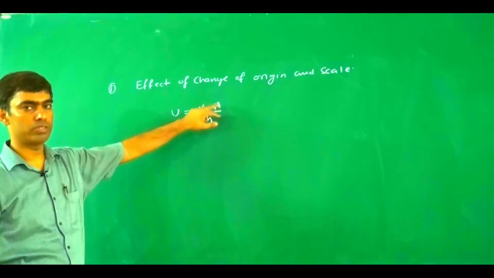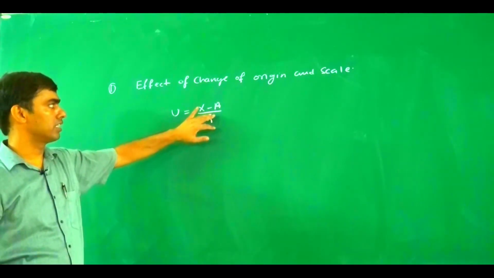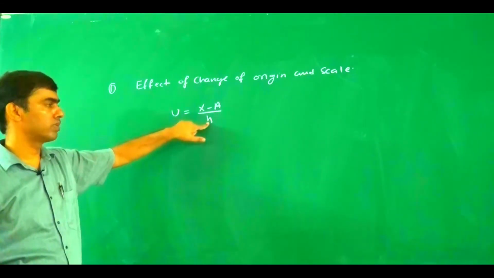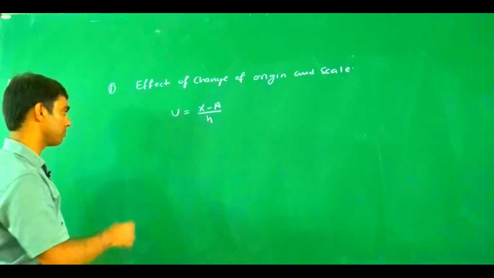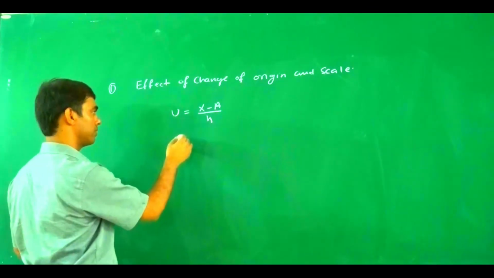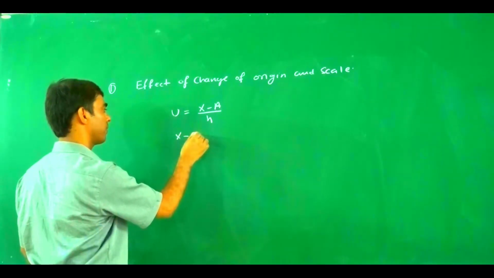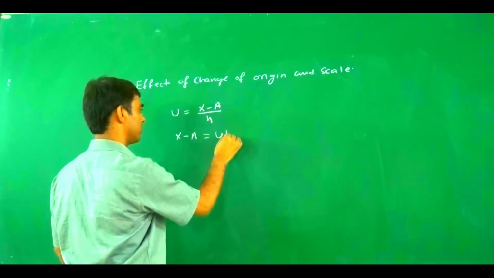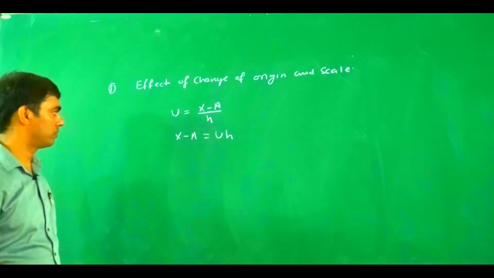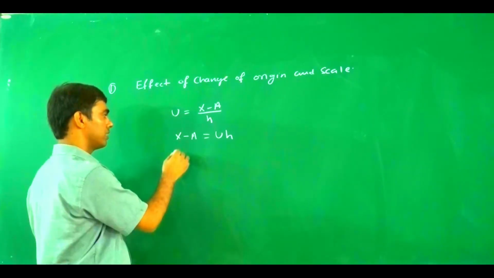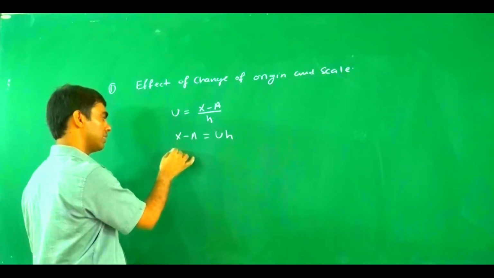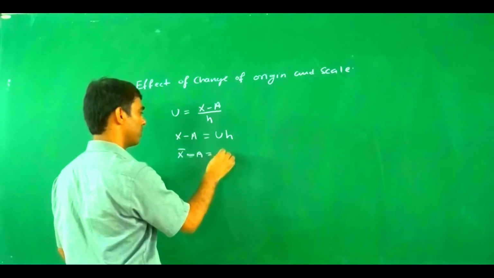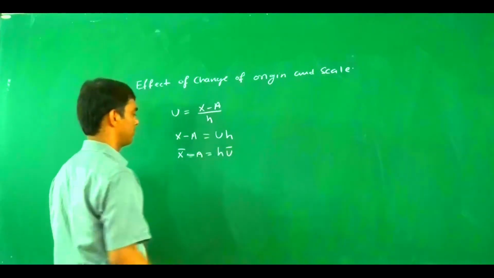Here the change of origin is capital A, and for the sake of simplicity we take a as in moments about any point. H is the change of scale. Now what is the effect of this? If we write x minus a equal to uh, and taking the summation, we get x bar minus a equal to h u bar.